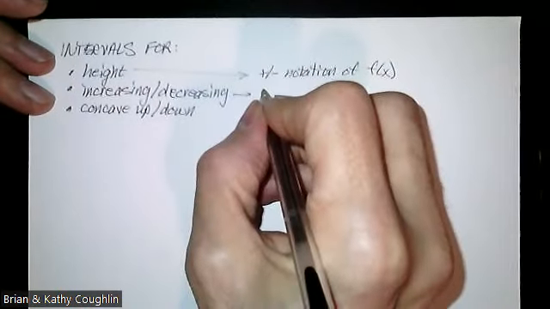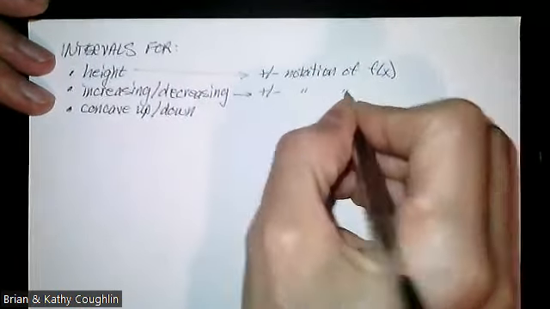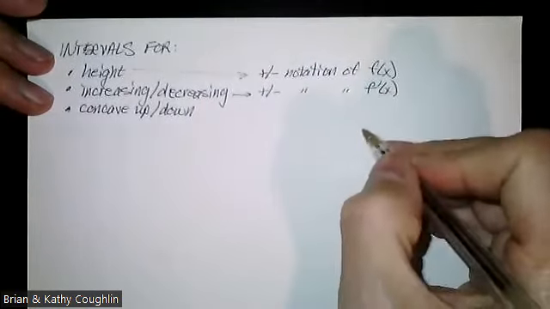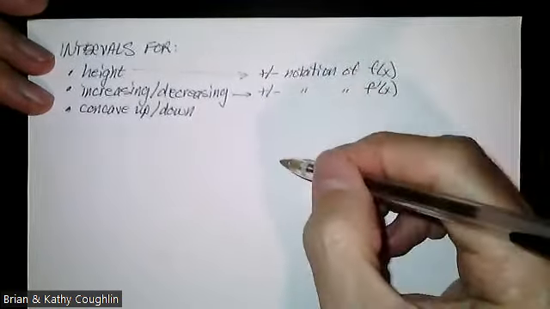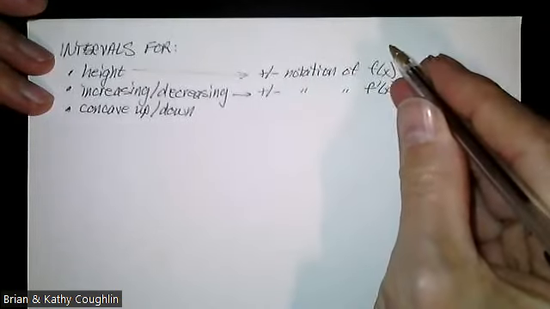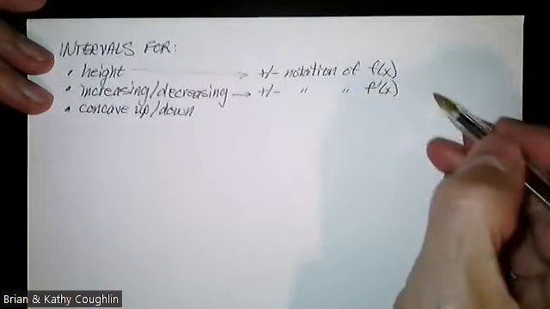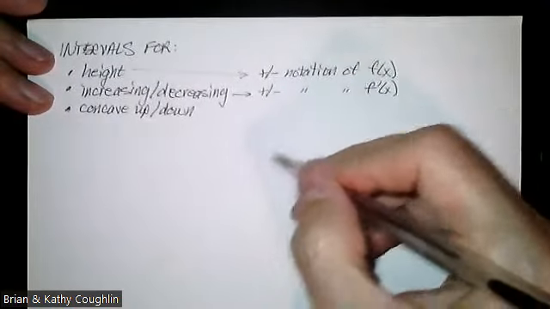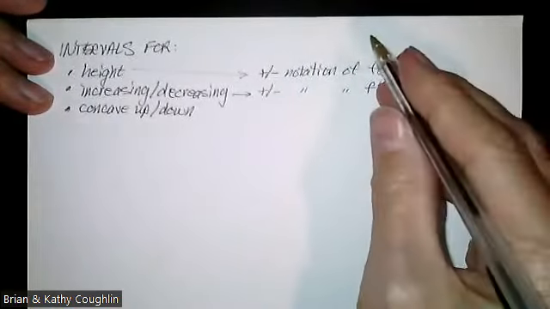You do plus minus notation of f prime of x, because the first derivative is the tangent slope. So if the tangent slope is positive, it's going uphill. If the tangent slope is negative, it's going downhill. So whenever the first derivative is positive, it's increasing. Whenever the first derivative is negative, it's decreasing.